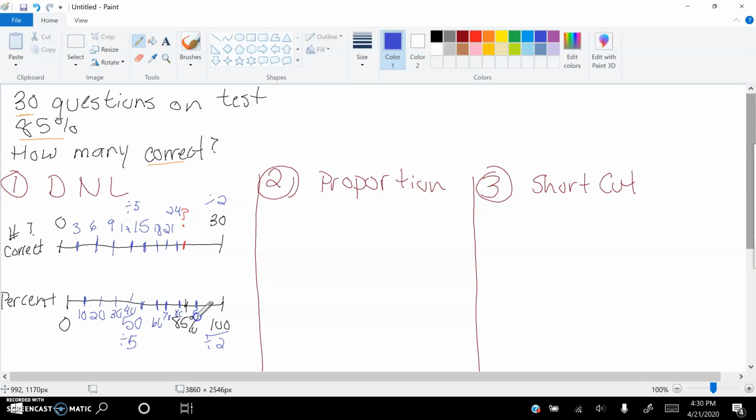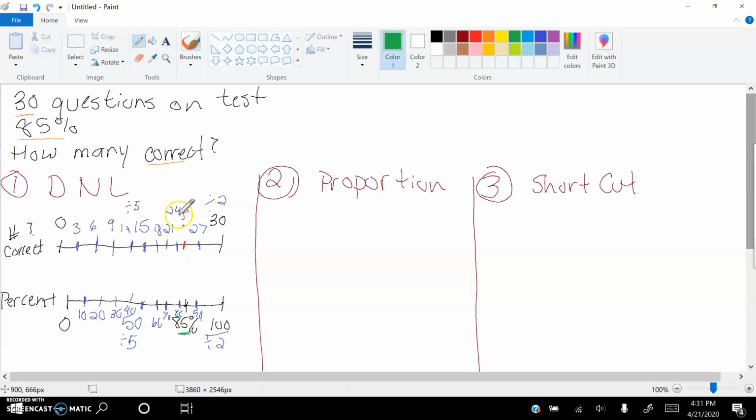And then 90% would be 27. So if we look here, we have 85% is halfway between 80 and 90.